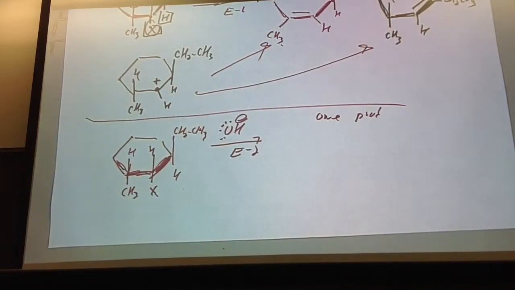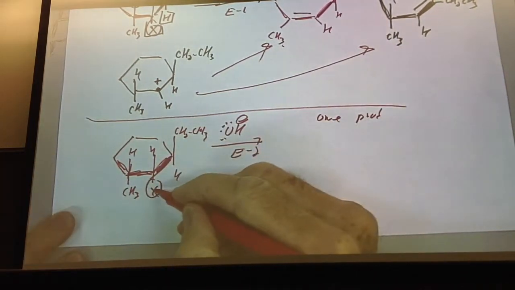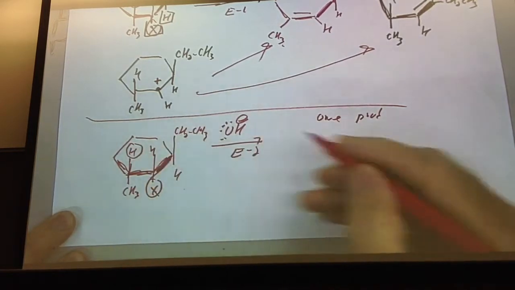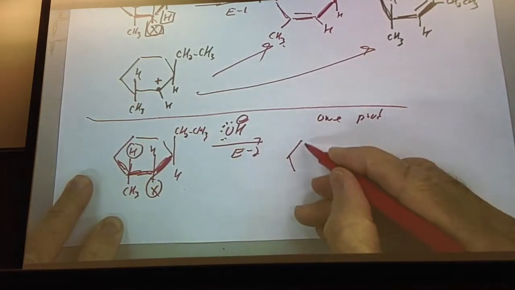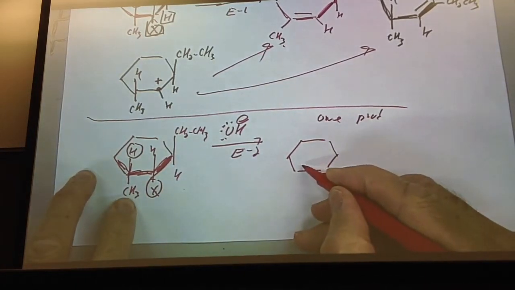And so the only product you can get, if I tell you we have a strong base and an E2 mechanism, this has to leave, it's pointing down, the hydrogen at least has to be pointing up. You can only get the double bond on the left side. You don't get double bond here.